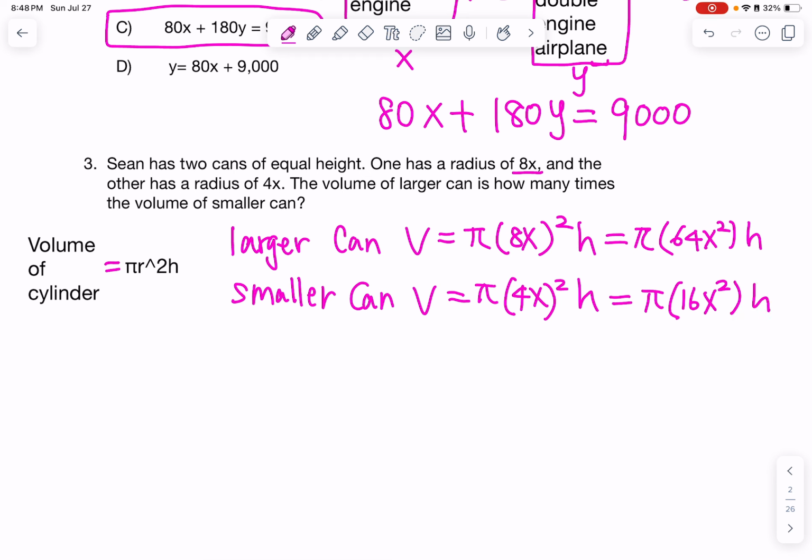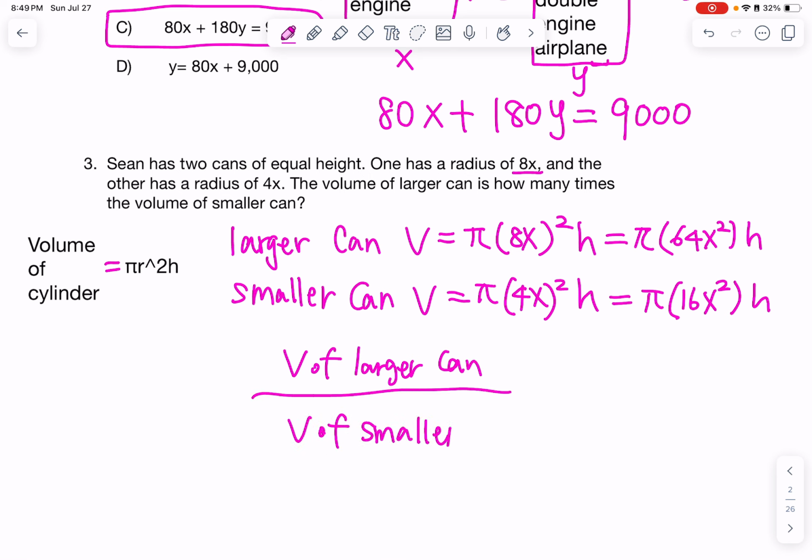And to find out how many times the volume of the smaller can is the large one, you can divide the volume of the large one by the volume of the smaller can. So the volume of the large one divided by the volume of the smaller can will be pi times 64x squared h divided by pi times 16x squared h.